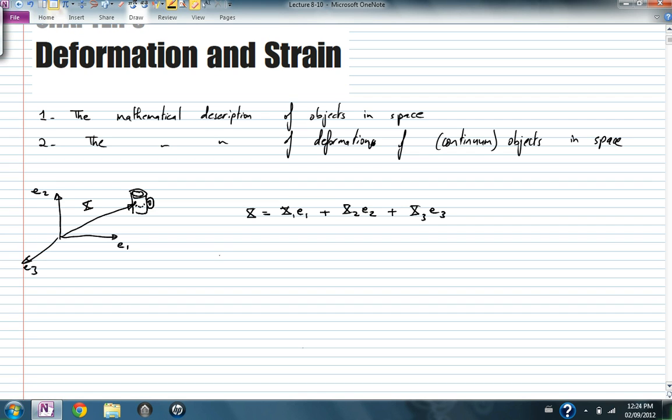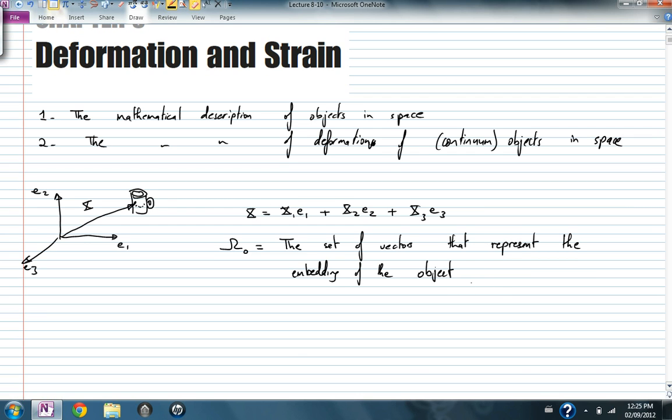And the set of vectors that describe the object or that represent the object is denoted by omega naught.